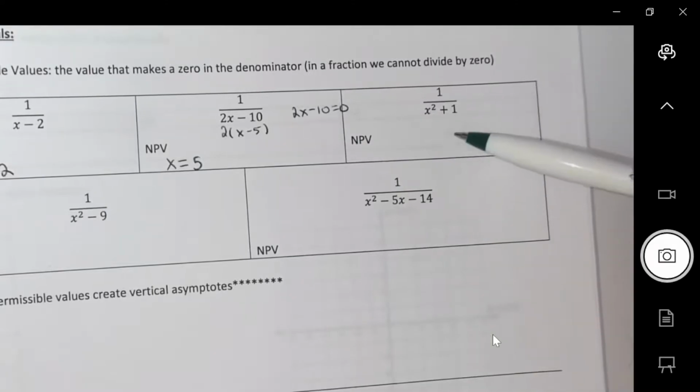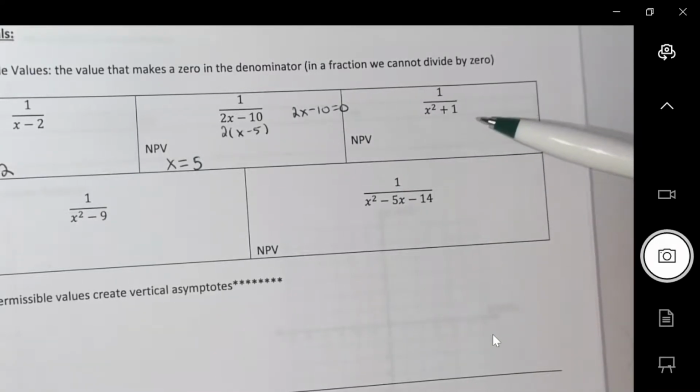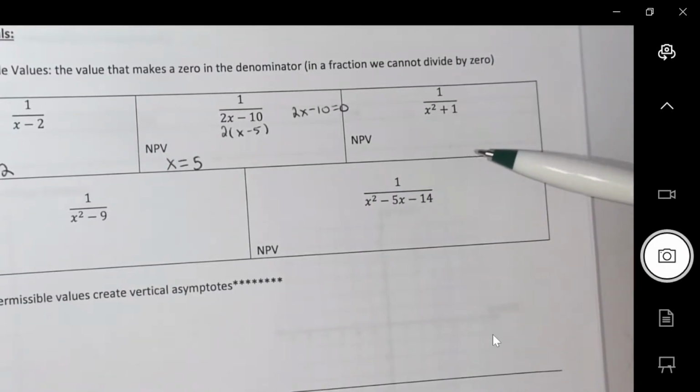Okay, next, what's the non-permitted value here for x? I might be doing a trick question on you. 1 is fine, because 1 squared is 1, 1 plus 1 is 2, and that's okay.